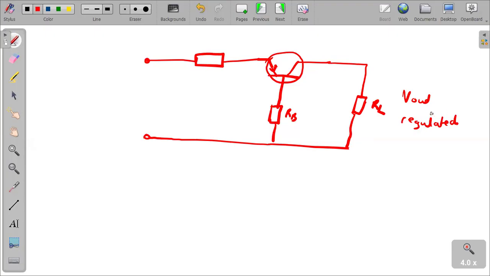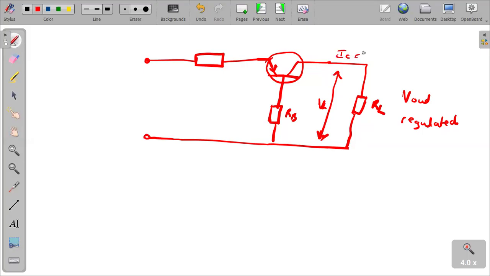And then right in between here we have VL, and then we have IC being equal to IL.